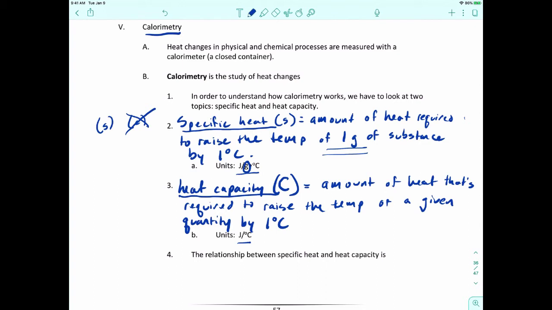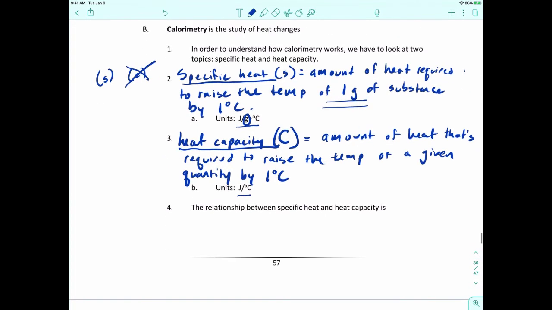Now, is there a relationship between specific heat and heat capacity? Yes, and again, it's because of that mass unit. So here's the deal. If you take the specific heat, S, and multiply it by the mass, M, the units for S are joules per gram degrees Celsius.